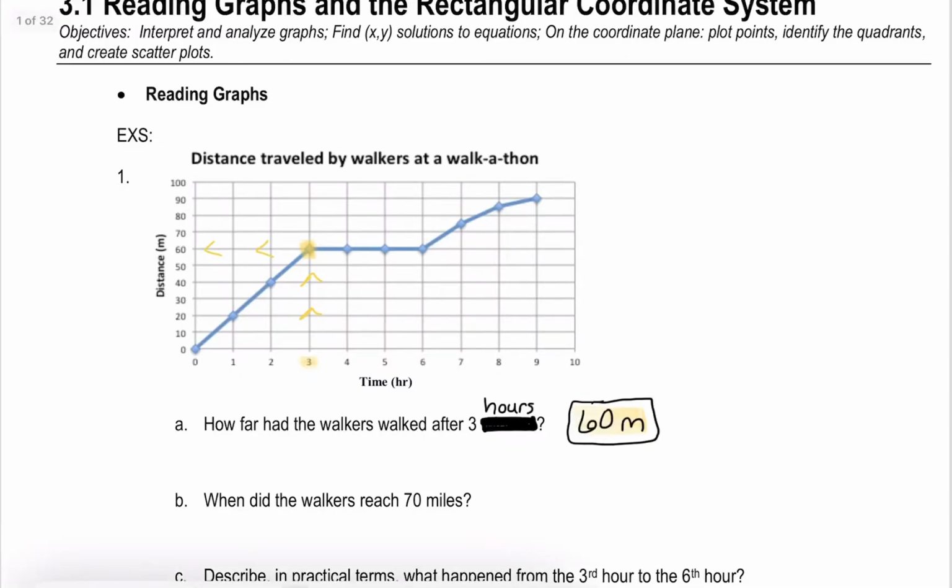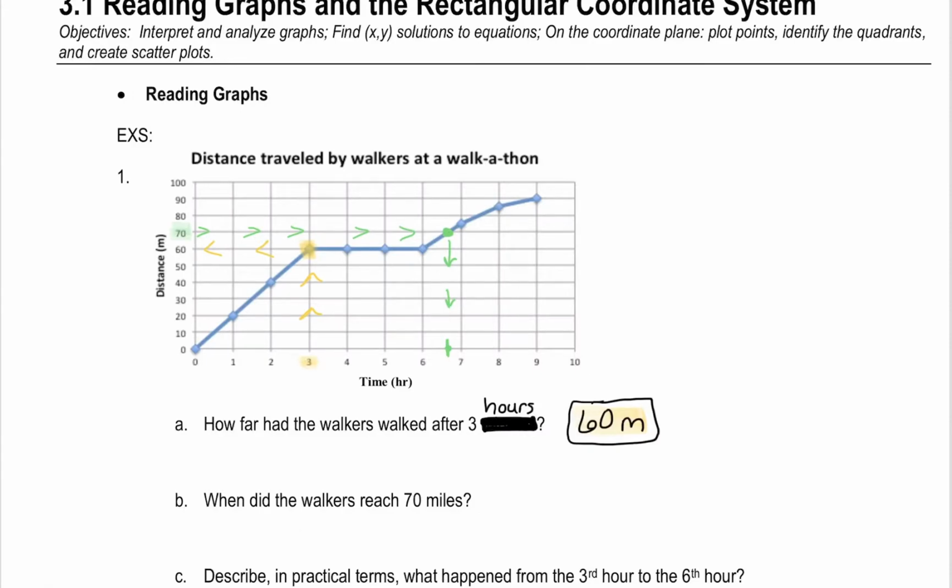This time we are looking at the 70 miles on the vertical axis, and now we're taking that out on our graph. It looks like we're going to have to estimate that one just a little bit, and again estimate what that value would be on the x-axis, or the horizontal axis.